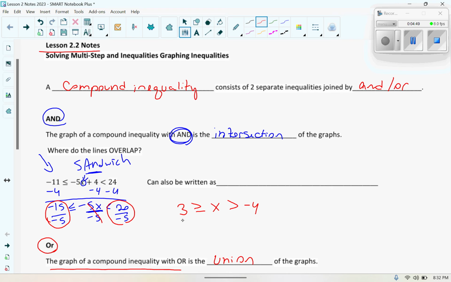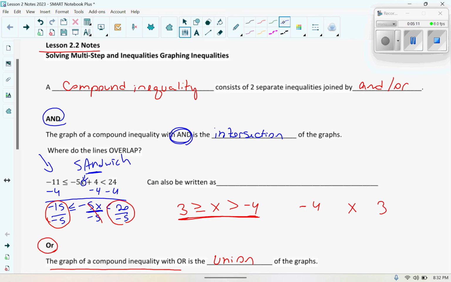But this is wonky because we've got a bigger number before a smaller number, and that's going to be really hard to graph. So guys, this is not standard form. We're going to have to put it so the smallest number goes first, then we have x in the middle, and then the biggest number last.